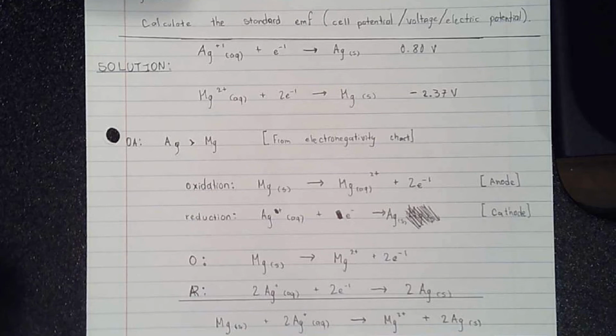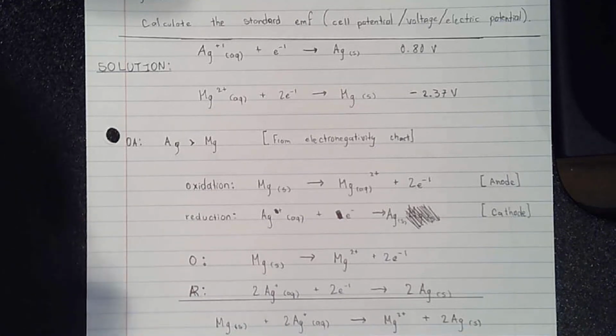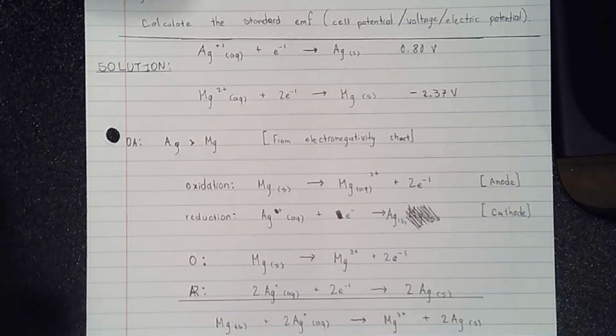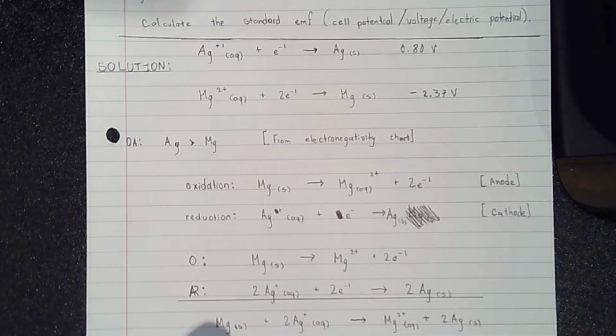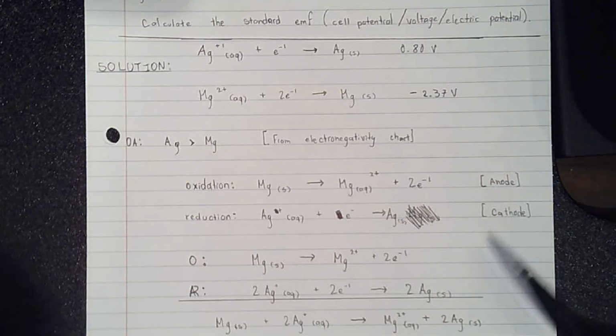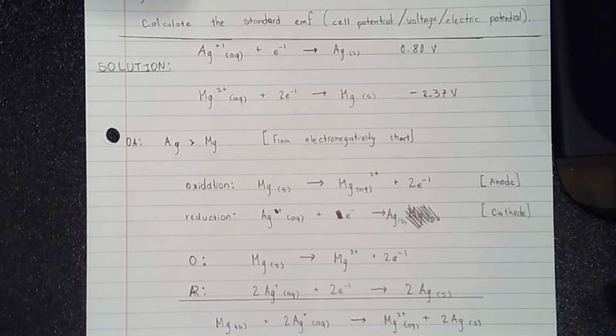And this will yield 1 magnesium 2+ cation and 2 silver neutral atoms. Now remember that this is also aqueous. I forgot to write that there because it is in its ionic form. Excellent. Now that we have our final redox reaction, let's put this in terms of our cell diagram.